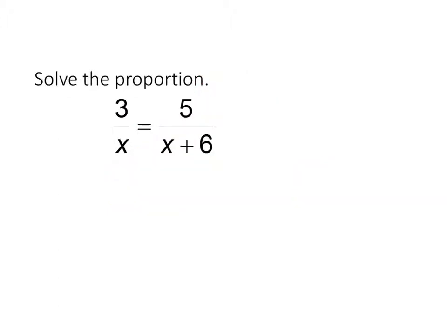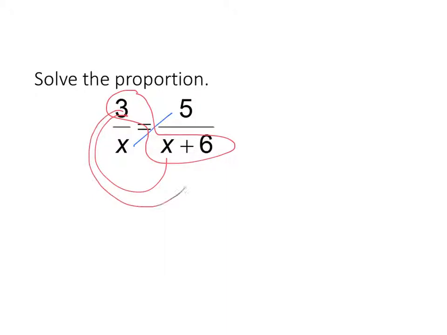The next one, solve the proportion. x times 5 and then 3 times x plus 6. Remember, 3 multiplies by the x and the 6. So x times 5 is 5x. And that should be equal to 3 times x, which is 3x, and 3 times 6, which is 18.